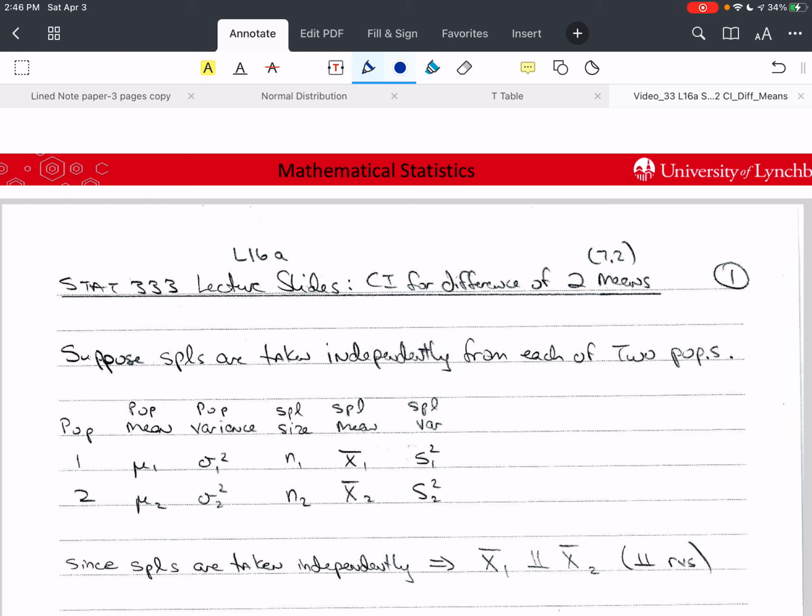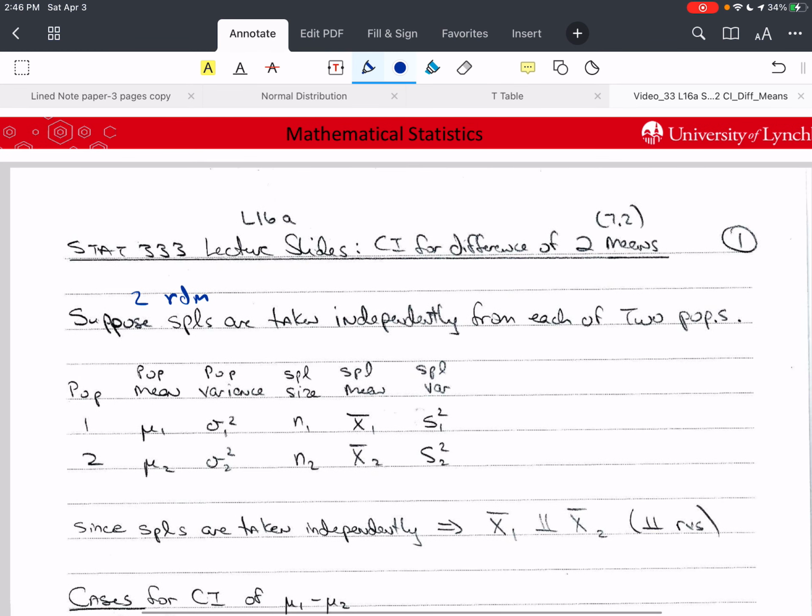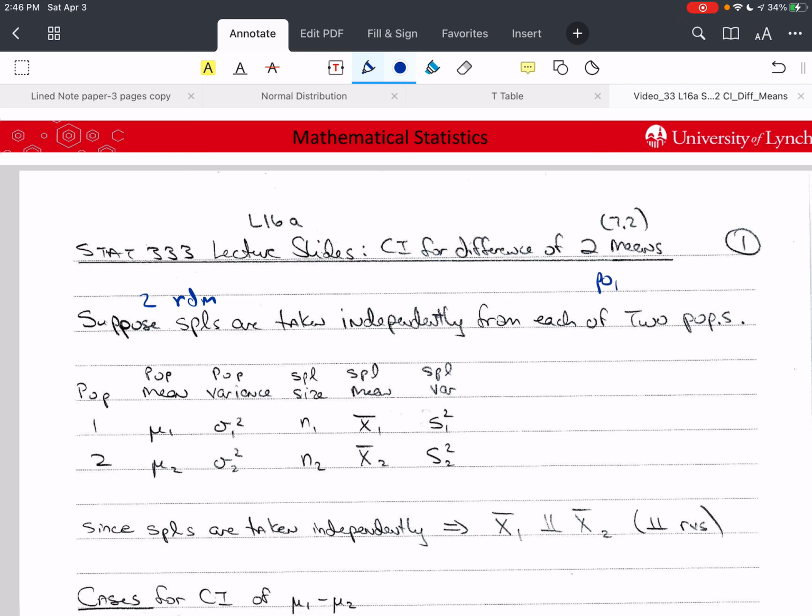So let's suppose that we have two random samples that are taken independently from each of two populations, and this would imply that population 1 is independent of population 2. So we need some notation here to keep things straight. So we have the population parameters. For population 1, the mean is mu1 and the variance is sigma 1 squared.